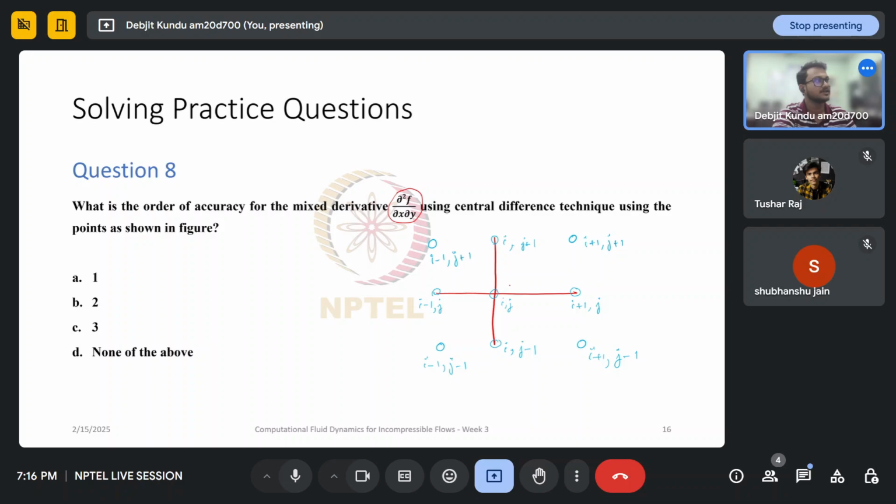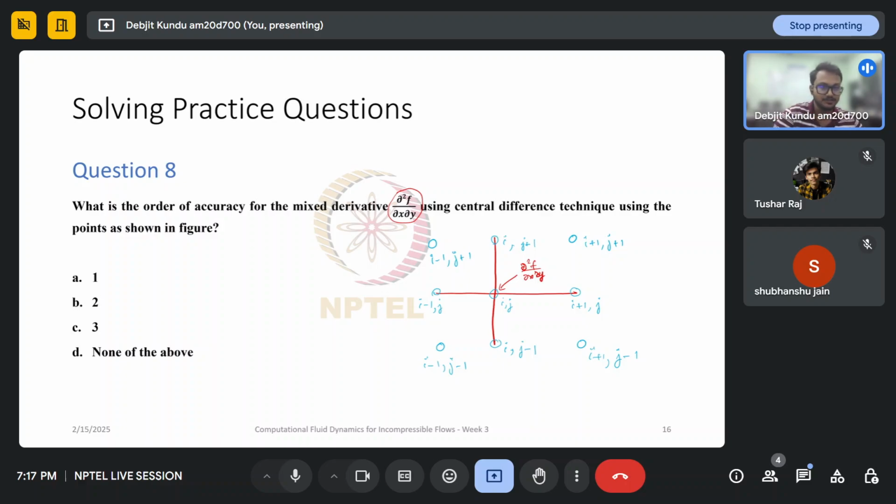I want to find the value of ∂²f/∂x∂y at this point i, j using central difference technique. So in this case, what will be the order of accuracy? Will it be 1, 2, or 3, or none of the above?